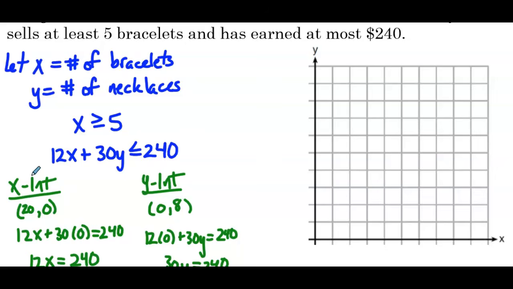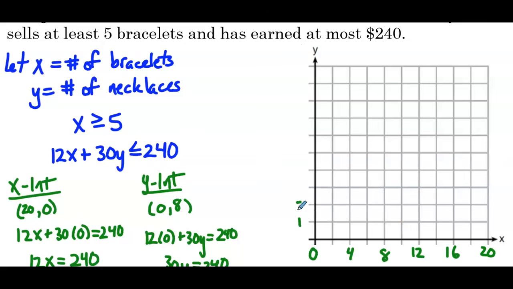Now, in order to fit the x-intercept of (20, 0), where we have 10 boxes here, we're going to have to scale the axes. So we'll go by 2s: 0, 2, 4, 6, 8, 10, 12, 14, 16, 18, 20. We could label each mark. I like to skip every other just so it's not too cluttered. And then we'll go up the y-axis.